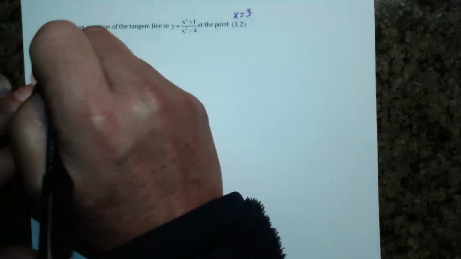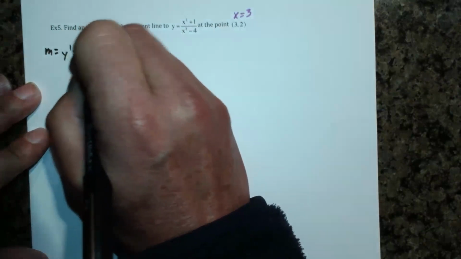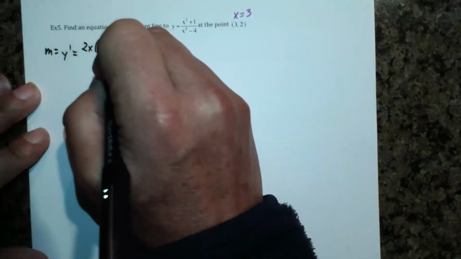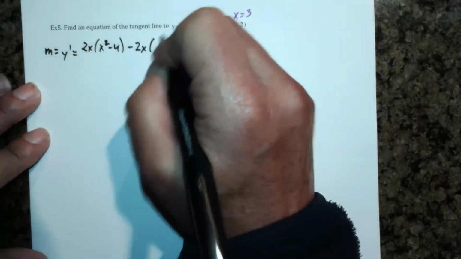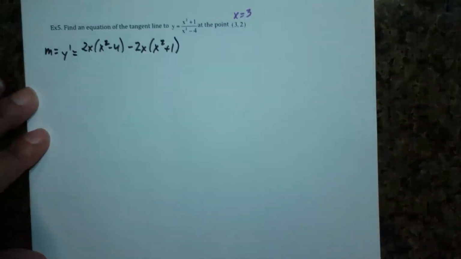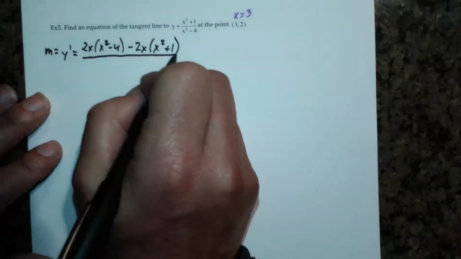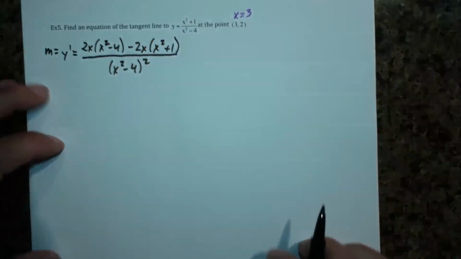M, the slope, which is y prime, derivative of the numerator, 2x times the denominator, minus derivative of the denominator, 2x, times the numerator, x squared plus 1. And that's all over x squared minus 4 squared.